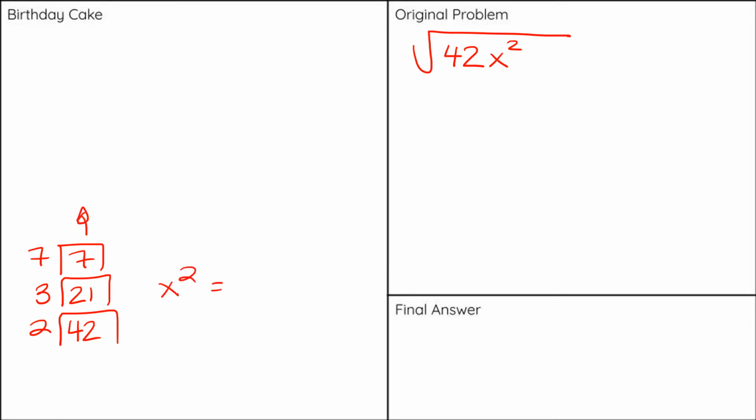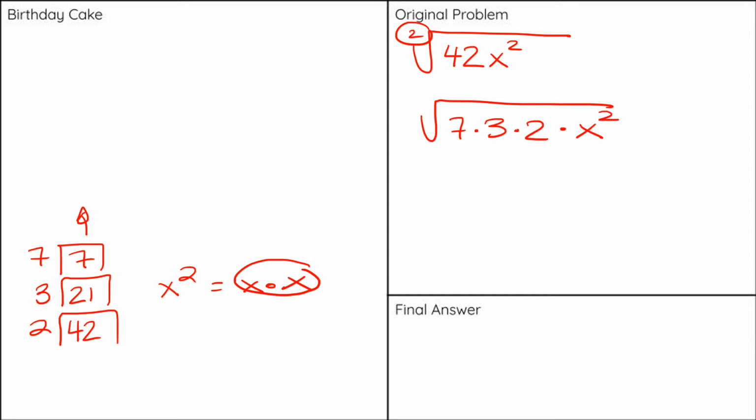And x squared is x times x. Our index is 2, so I'm looking for groups of 2. There is no group of 2 here, but there is a group of 2 here. So when I rewrite it, I should get 7 times 3 times 2 times x squared.